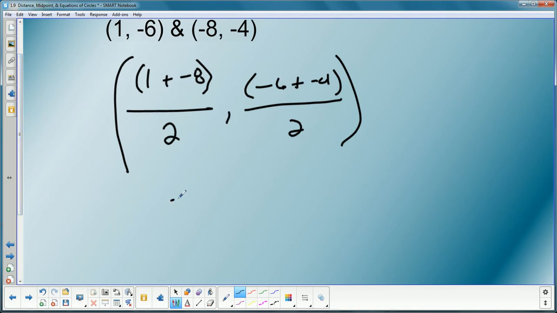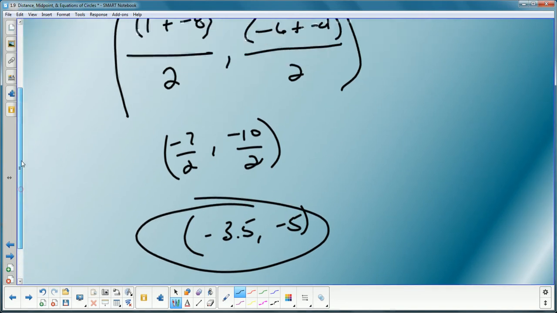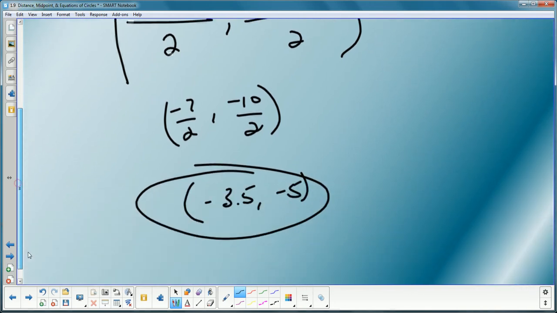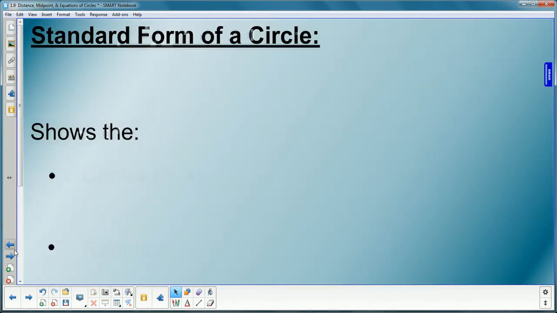So 1 plus negative 8 is going to give us negative 7 over 2 and negative 10 over 2. So we could simplify that, and we'll get negative 3.5 and negative 5. Which means if we plotted these 2 points on our xy axis, that would be the point that was halfway between them. That's your distance and midpoint formula.